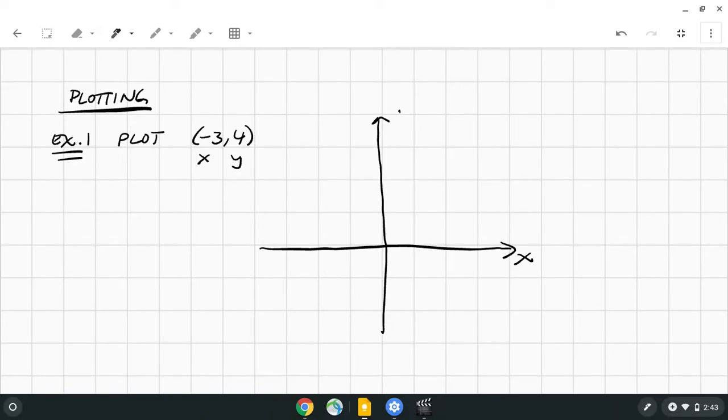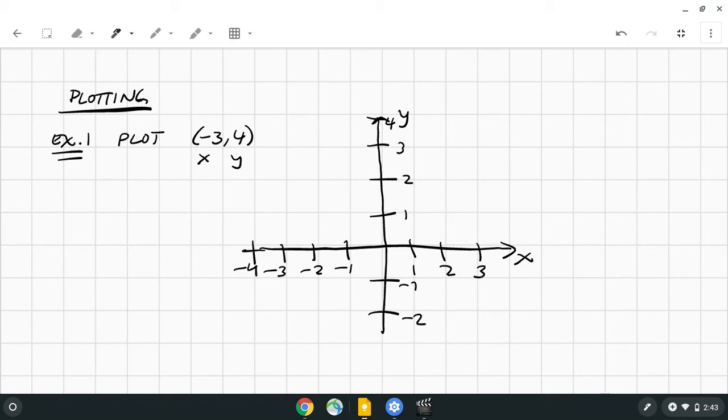Here is my x-axis, my y-axis, and I would go to -3. So here's -1, -2, -3, -4, +1, 2, 3, and 4 is right up there, -1, and -2.